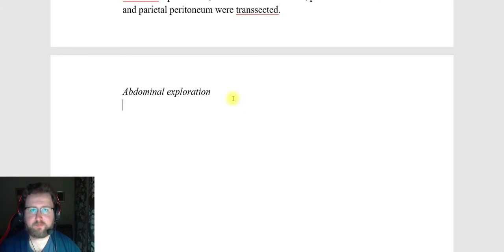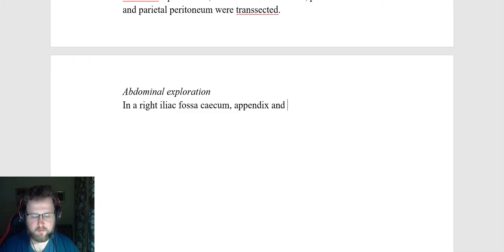For instance, in a right iliac fossa, cecum, appendix, and distal loop of small bowel are observed.